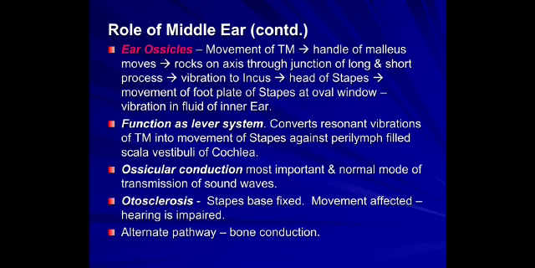The ossicular chain consists of the malleus, incus, and the stapes. The malleus and incus act as a single unit, and the stapes is attached to the oval window.